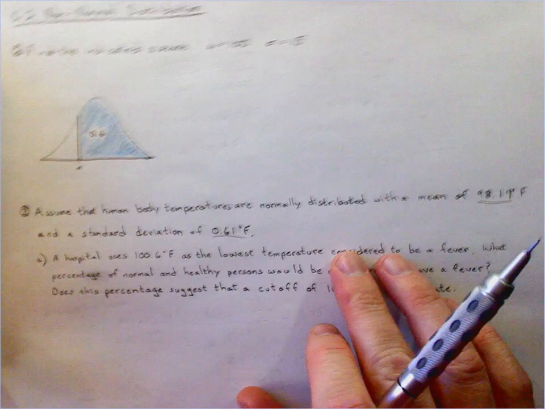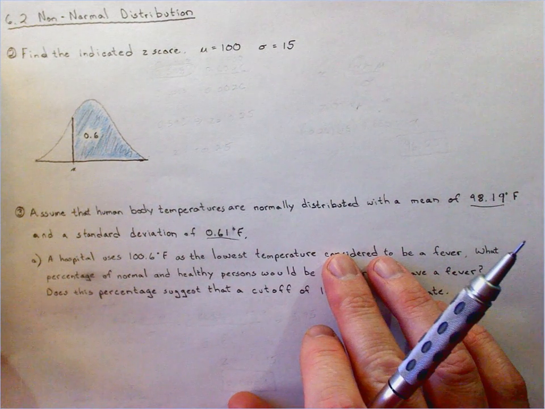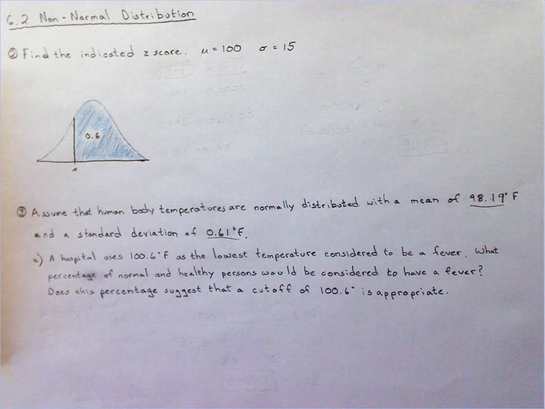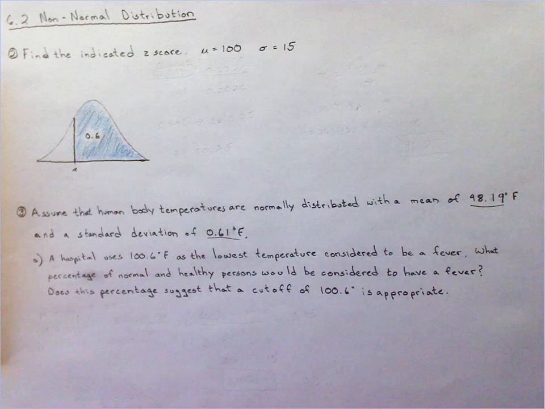Let's do one more. So I have defined the indicated z-score, and what they've given me is a probability of 0.6.